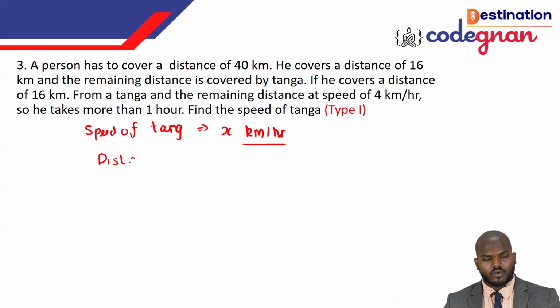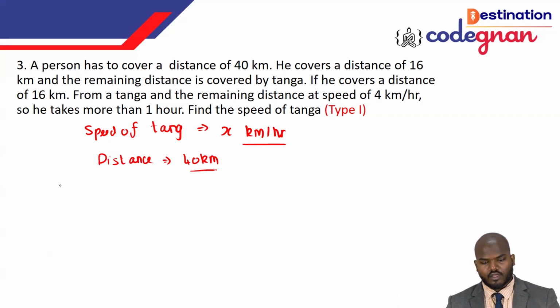He covers the distance of 16 kilometer, and the remaining distance is covered by Tanga. If he covers 16 kilometer from a Tanga, and the remaining distance is covered at the speed of 4 kilometer per hour.